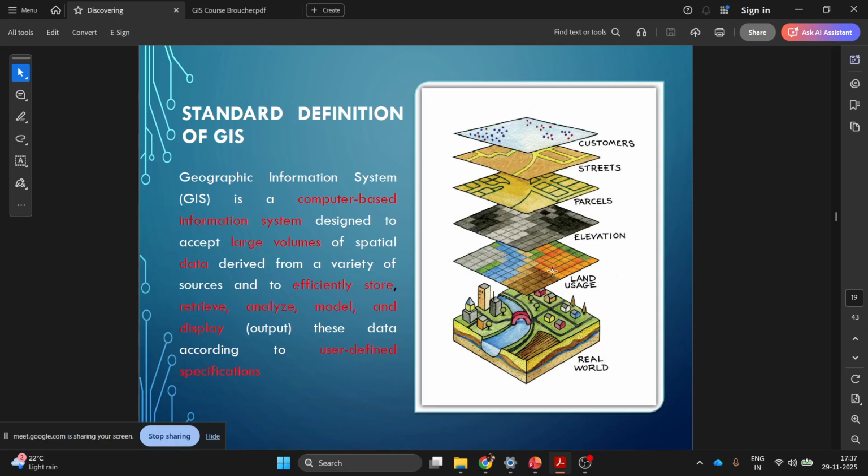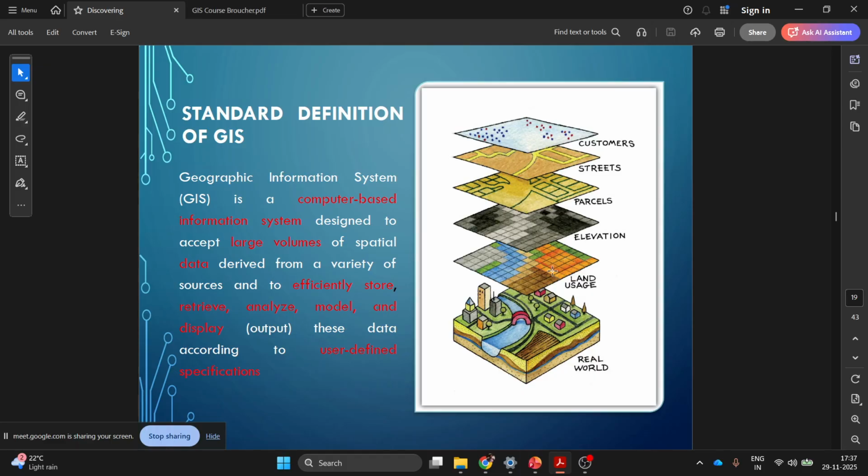Not only a single piece of data, for example not only the color or type of a car, but also the number plate, how many people are using that car, whether it is first hand or second hand. So many things can be associated with that particular geographic location.